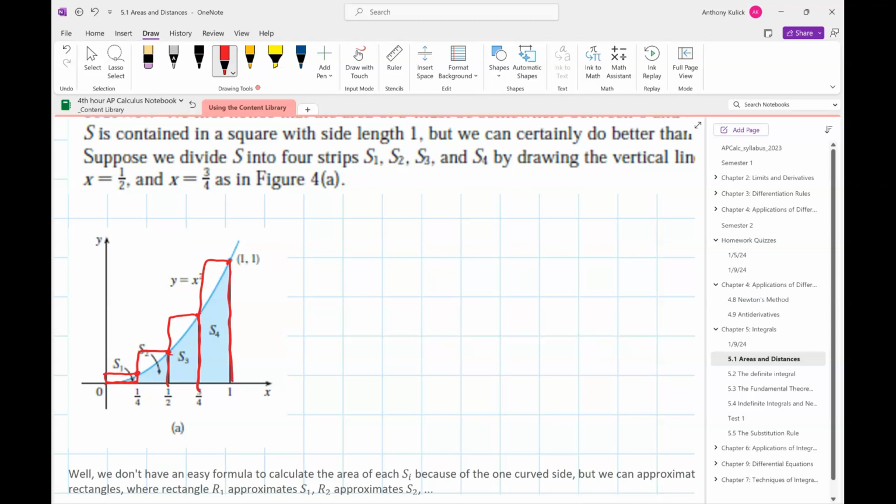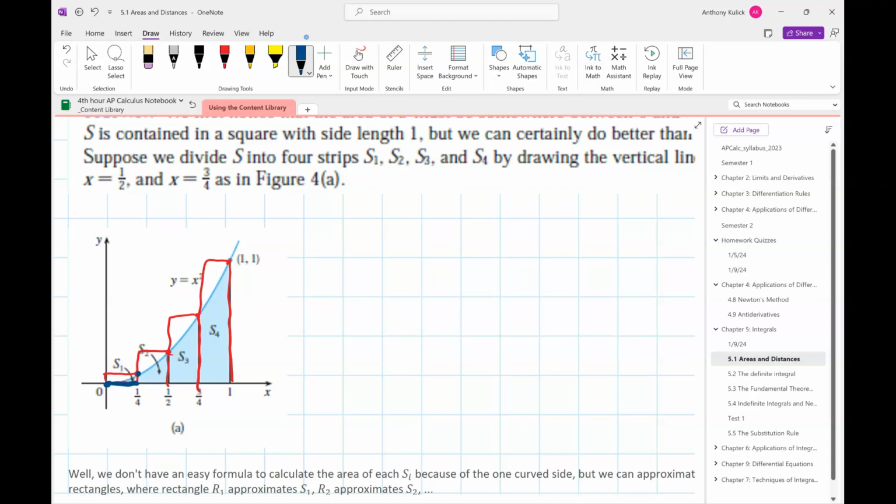The area of those rectangles is something I can calculate easily, right? Is that going to be an overestimate or an underestimate? Overestimate. What if I do the same idea, but this time I use the left end of my interval?